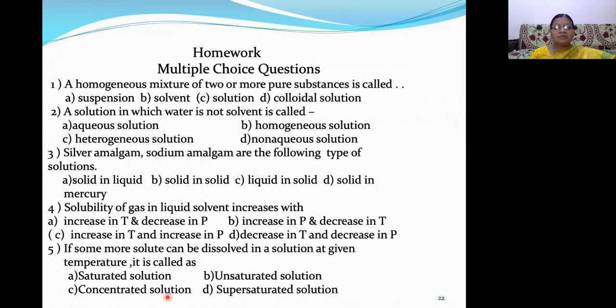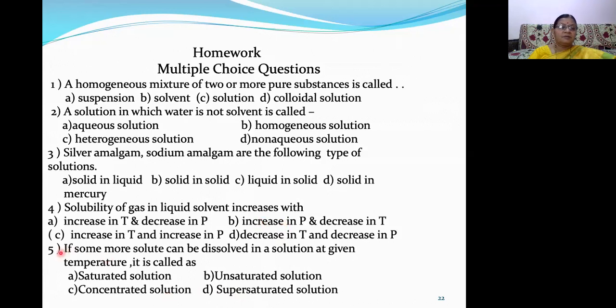But what about the temperature? If we increase the temperature, the solubility of gas decreases. Therefore, the solubility of gas in liquid solvent increases with increase in pressure and decrease in temperature. That is the second option.